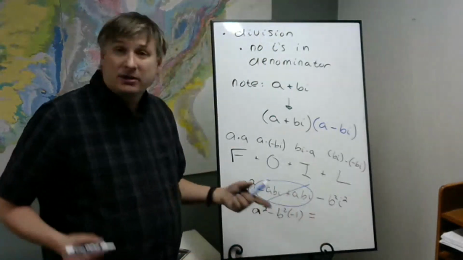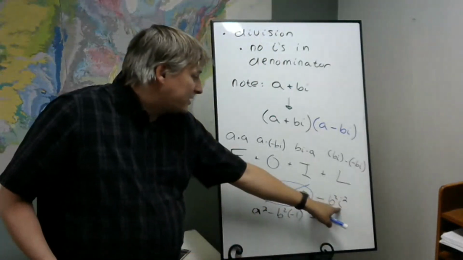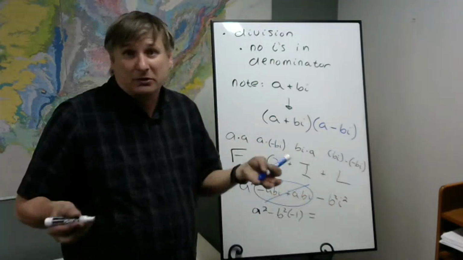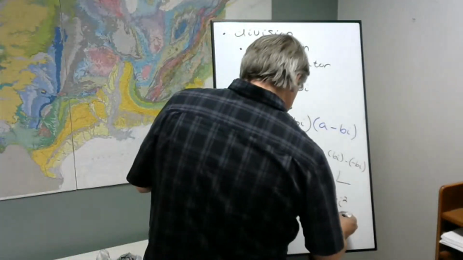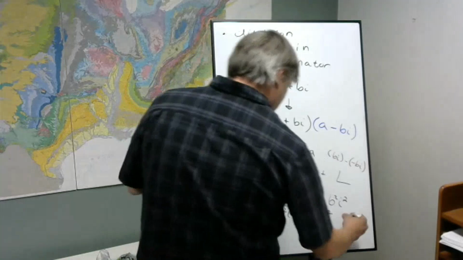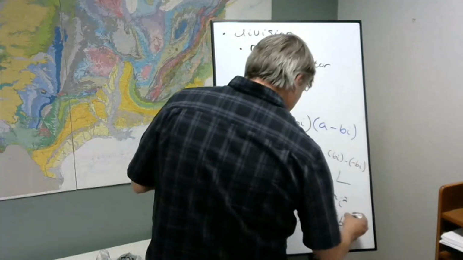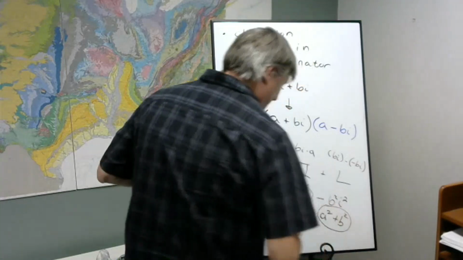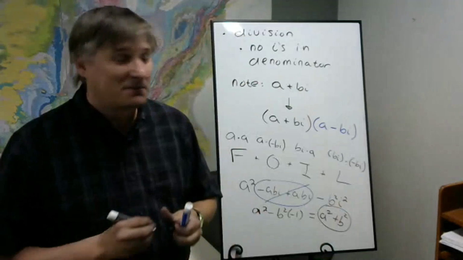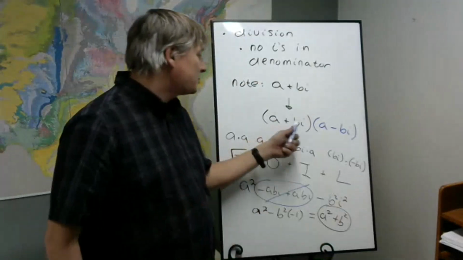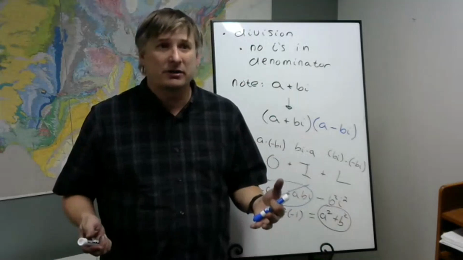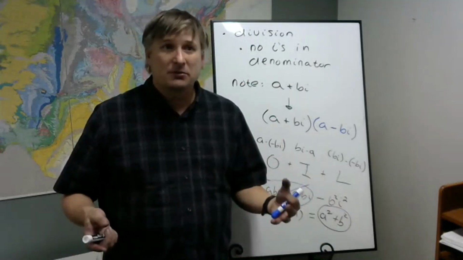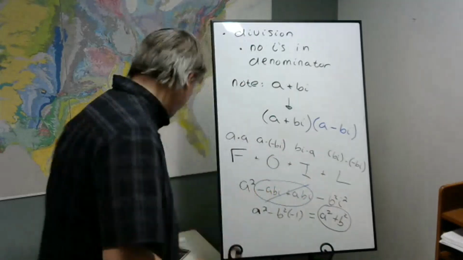So we lose the i's here because of cancellation, and then this i goes away because i squared is a real number. So we get a squared, and then negative times negative is positive. Point is this: there are no i's. So the same trick we used with square roots, we're going to use the exact same trick for rationalizing denominators for i's.